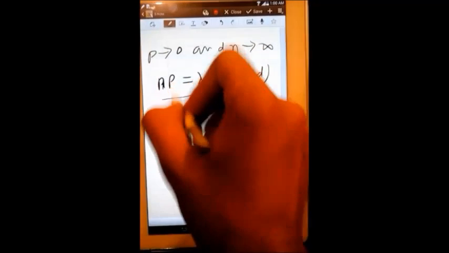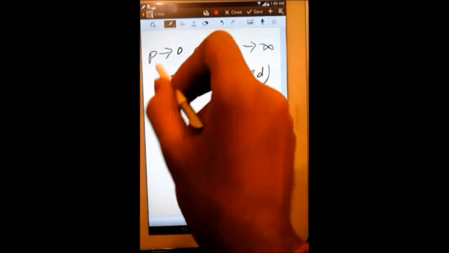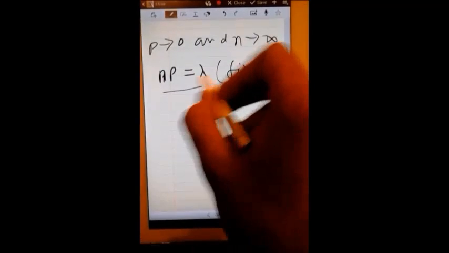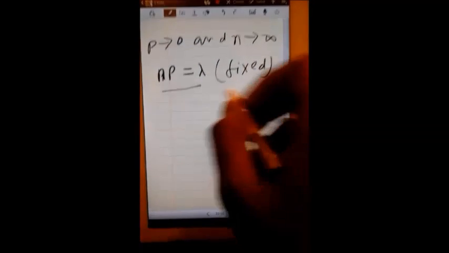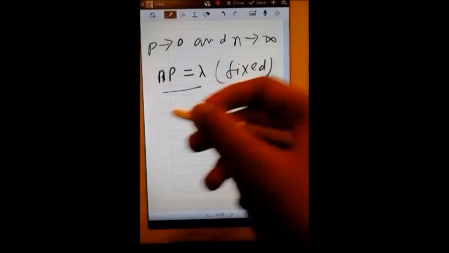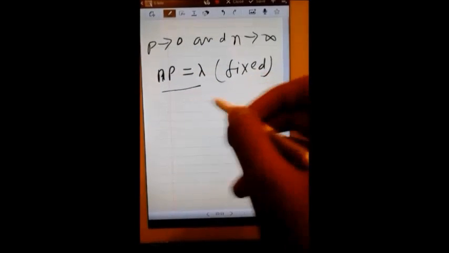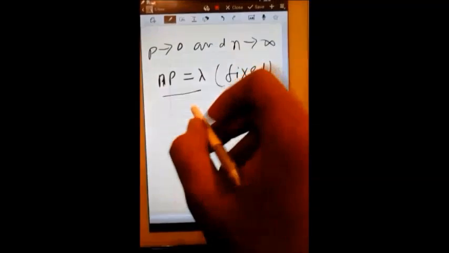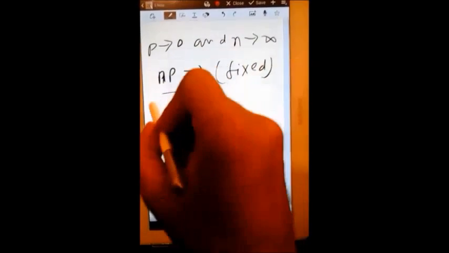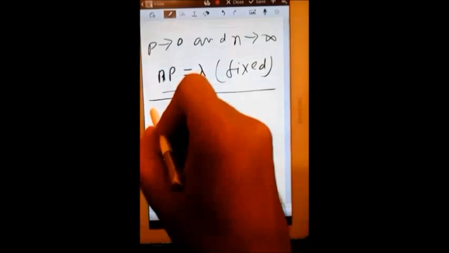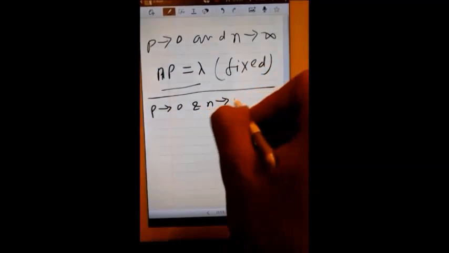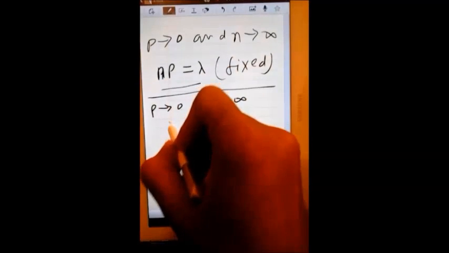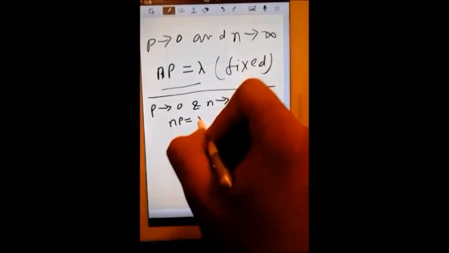That is, n is very large, p is very small, and the multiplication of both of them gives us a fixed number, say lambda. On proving this we get the distribution, which is below. p tends to 0 and n tends to infinity are the important conditions to be taken care of, and np is equal to lambda.